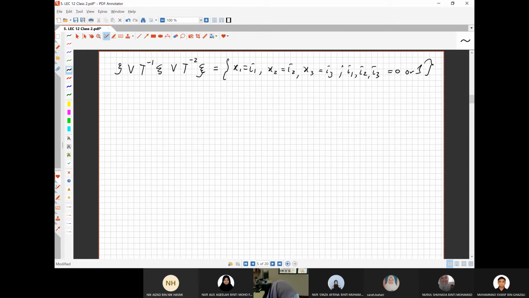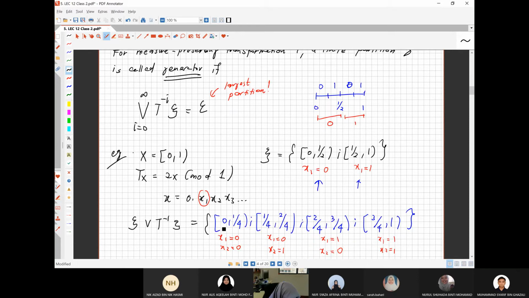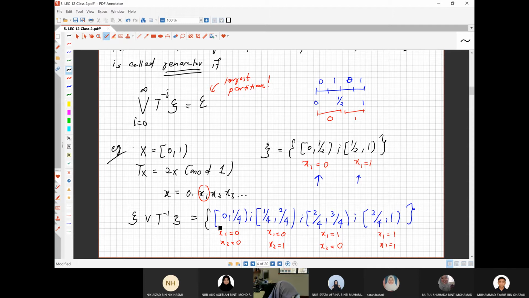Okay, what does it mean? Previously we got x1 equals to 0, x2 equals to 0, x1 equals to 0, x2 equals to 1, and so on. So these are all the digits it can be for the case of joint 2 partitions.